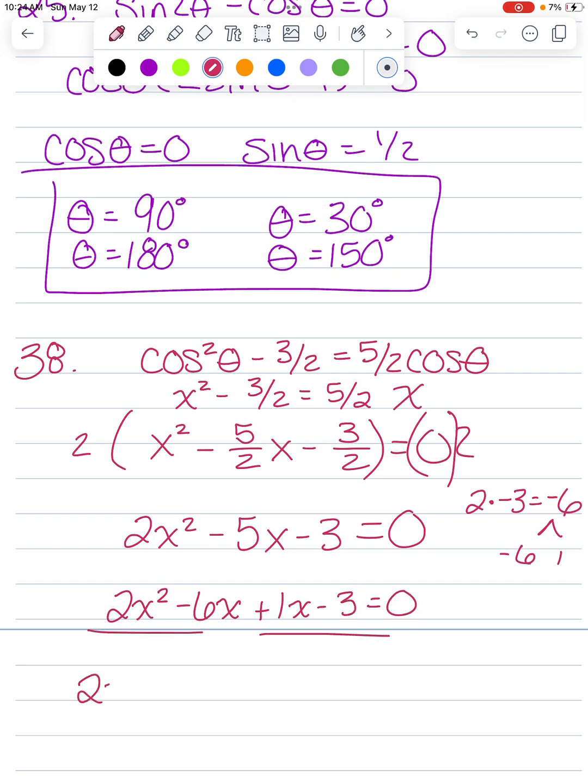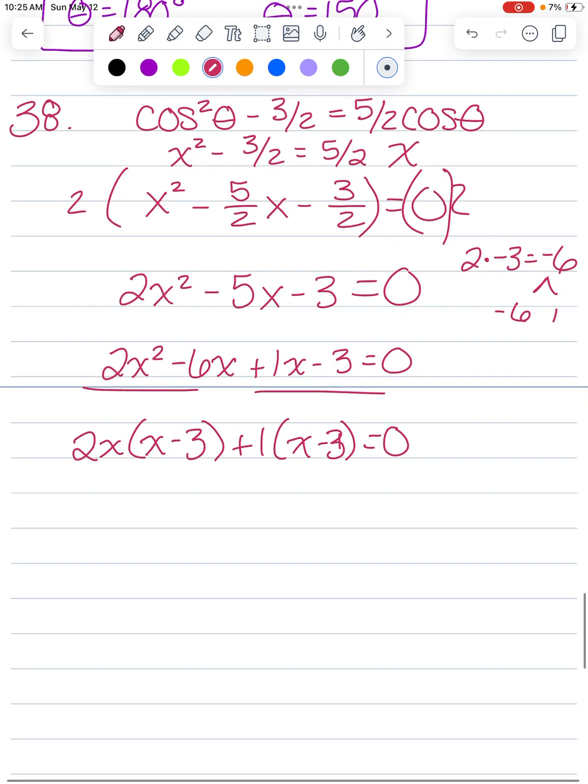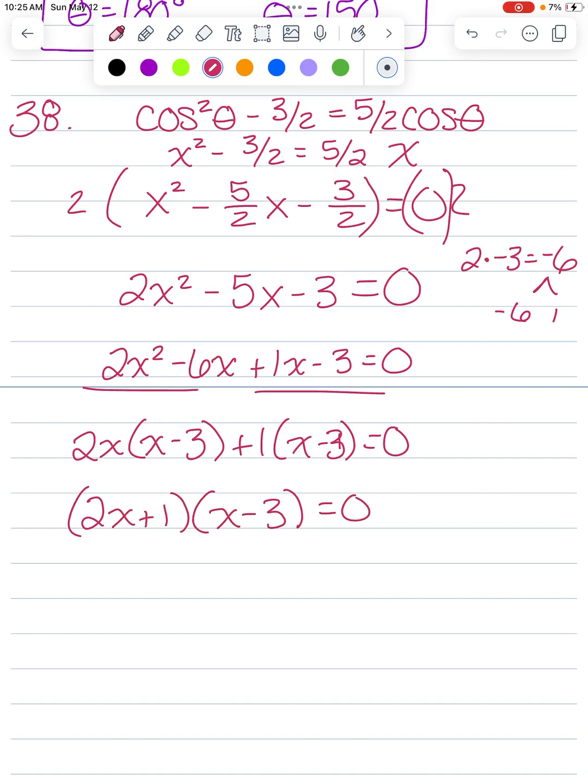Factor by grouping. 2x, x minus 3, plus 1, x minus 3. Two x plus 1, x minus 3. Split and set equal to 0. Subtract 1, divide by 2, negative 1/2. Add 3, x is 3.